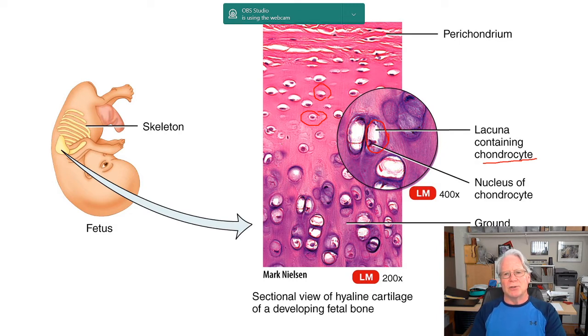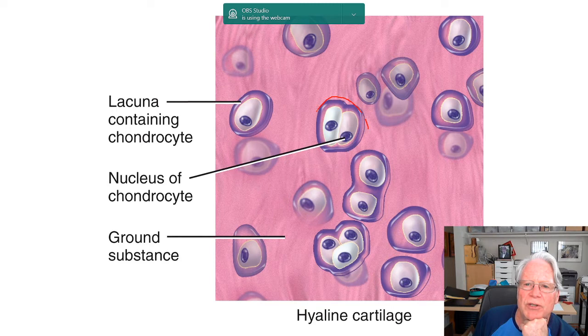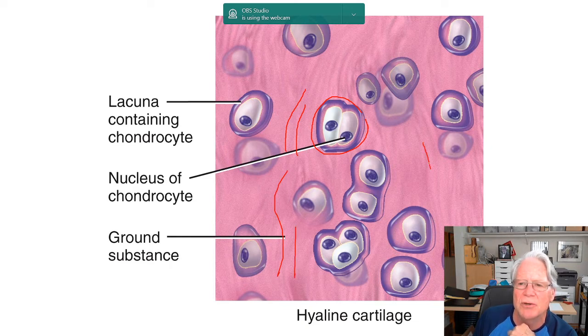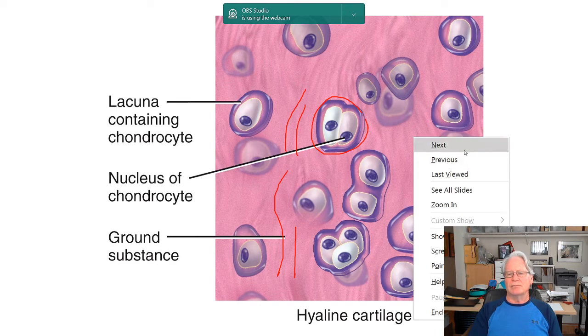So you get this sort of color background with the openings scattered throughout it. So here we get the space in which the cells are living, and then we get the extracellular material. Now there are fibers here, but you cannot see them. So you're not going to be able to identify fibers, but they are present in this tissue. They're simply hidden by the material that makes up the extracellular ground substance.